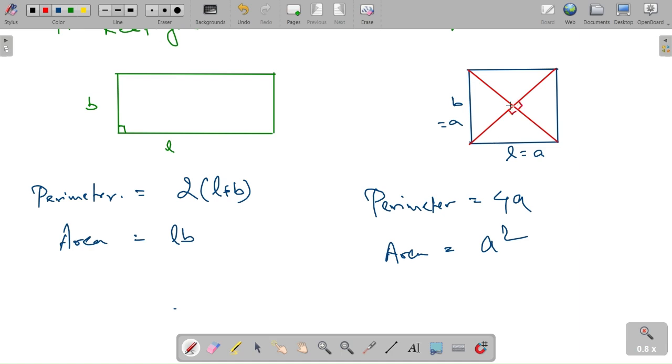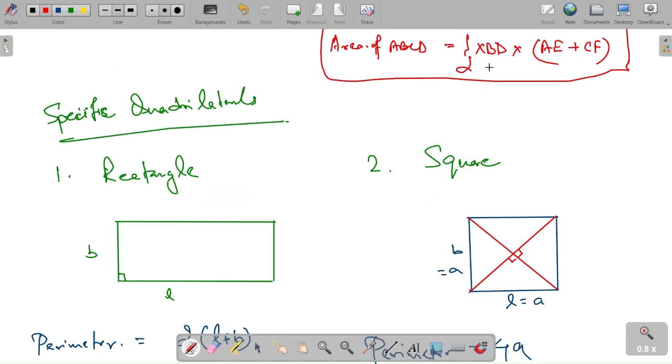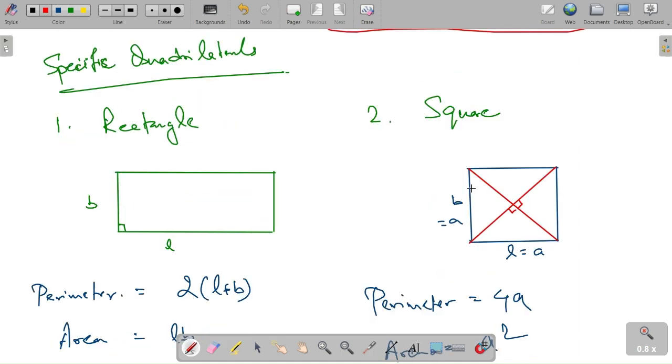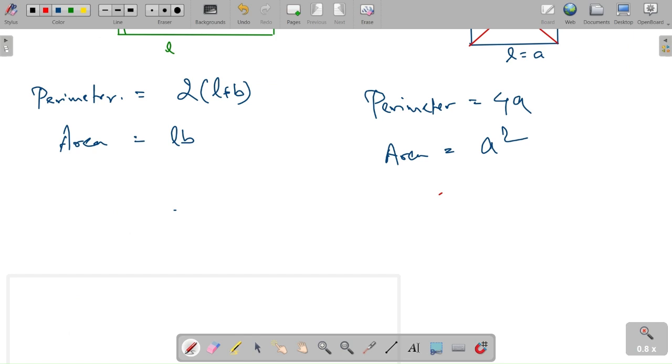So as per this formula, half into one of the diagonals into this plus this, which is another diagonal. So area is also the product of diagonals by 2. And the result will be the same.